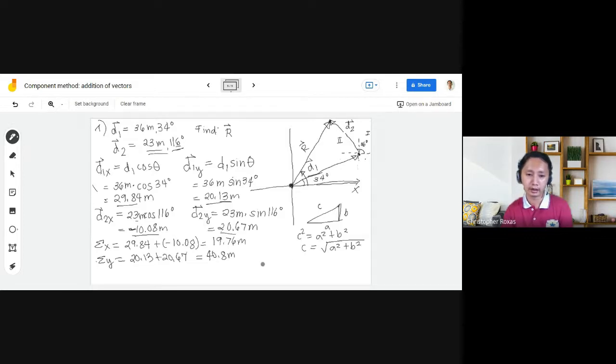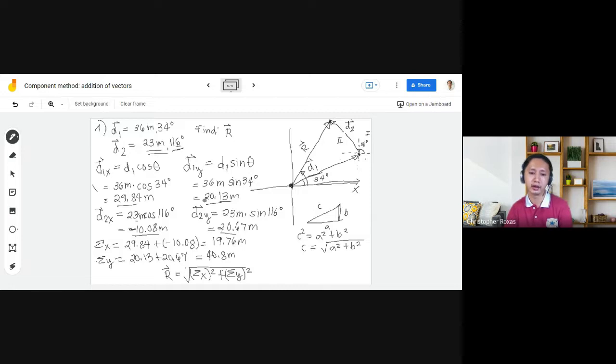our resultant, so this is our resultant, diba, based on the graphical method. So our resultant will be the square root of summation of all the x squared plus summation of all the y squared.